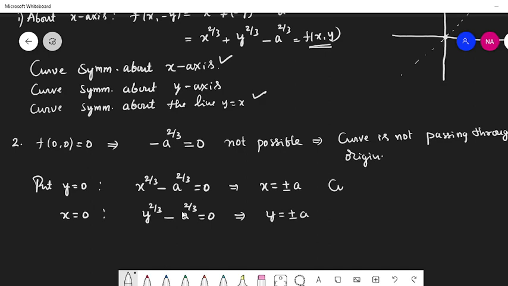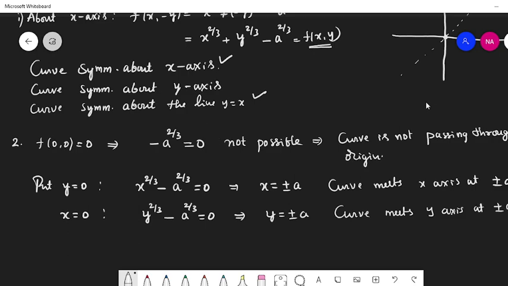So the curve meets the x-axis at plus or minus a, and again the curve is going to meet the y-axis at plus or minus a.